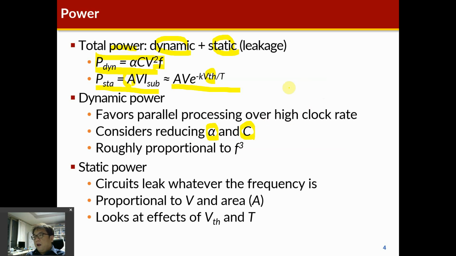And then F. F is the clock frequency. Actually this F is tightly related to the supply voltage. Basically F is proportional to the supply voltage. You can think about overclocking of the CPU.